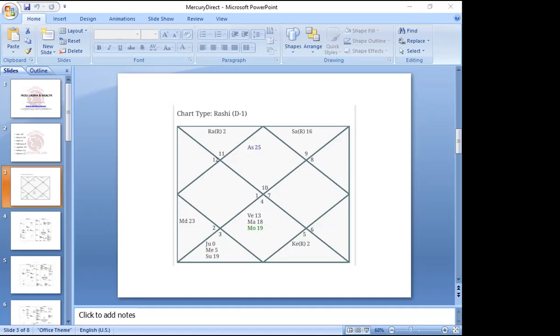Again, the concept of Dushthanas will hold here as well. So 3rd, 6th, 8th, and 12th from the Hindu Lagna will show struggles with regard to wealth. 6th from the Hindu Lagna will tell you the enemies of your wealth.